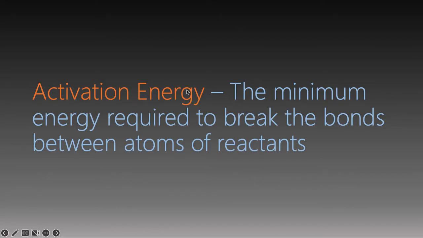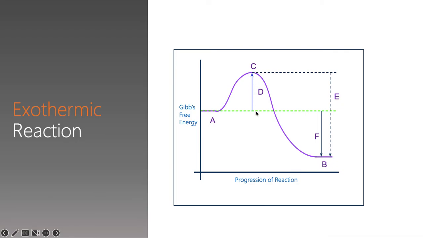So the activation energy is the minimum energy that is required to break the bonds between the atoms of reactants. So this energy here that's represented by D is the minimum energy that's required to be breaking those bonds between reactants and getting ready to form the new bonds for the products.